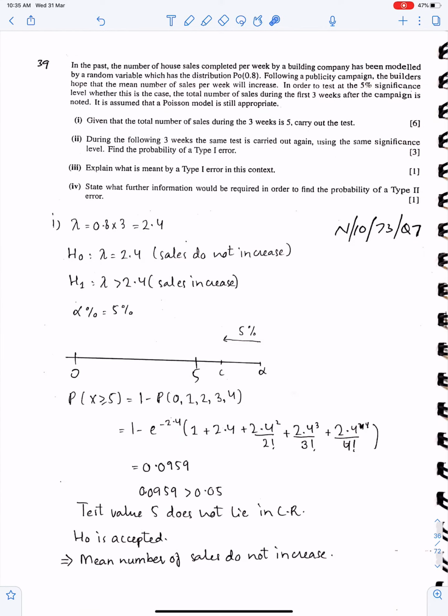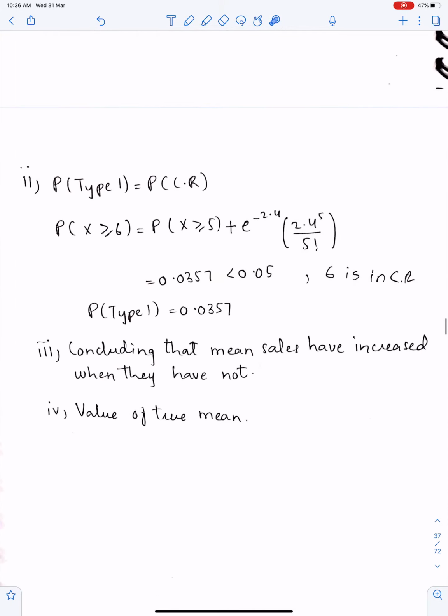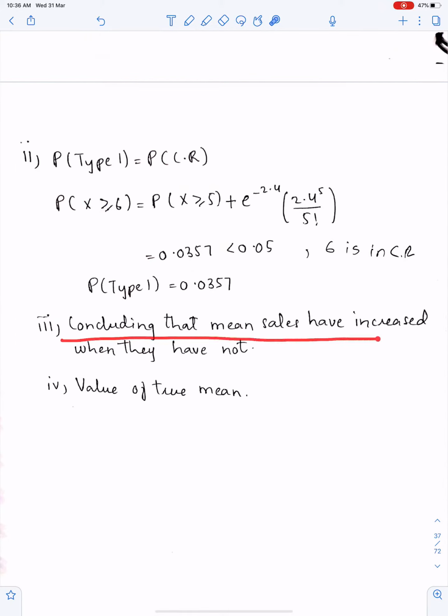Explain what is meant by type 1 error. Well, a type 1 error occurs when a true H naught is rejected, or you can say reject H naught when H naught is true. Reject H naught means you are accepting this. So you can say concluding that mean sales have increased when they have not.